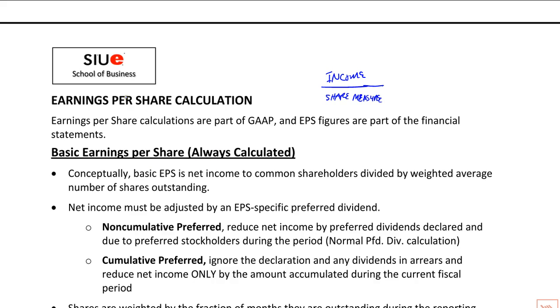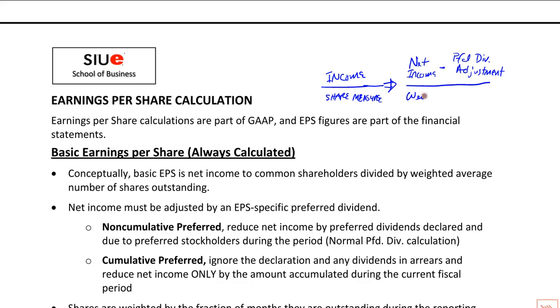So what we're going to end up doing is take net income and subtract out what I'm going to call a preferred dividend adjustment. Your book just calls it preferred dividend, but the actual preferred dividend isn't always the same as the adjustment number for earnings per share.